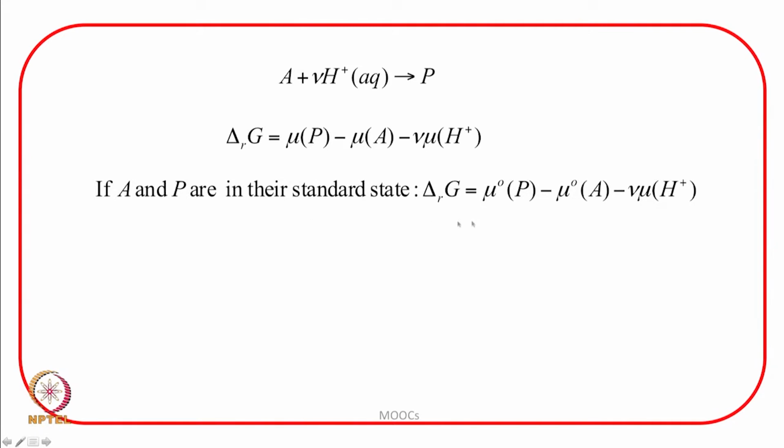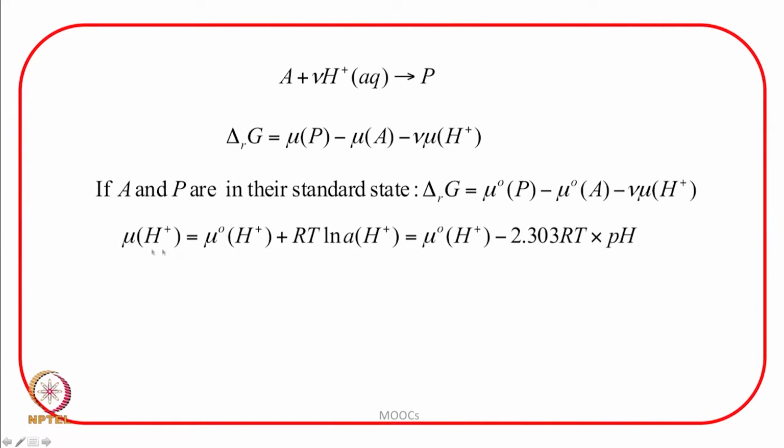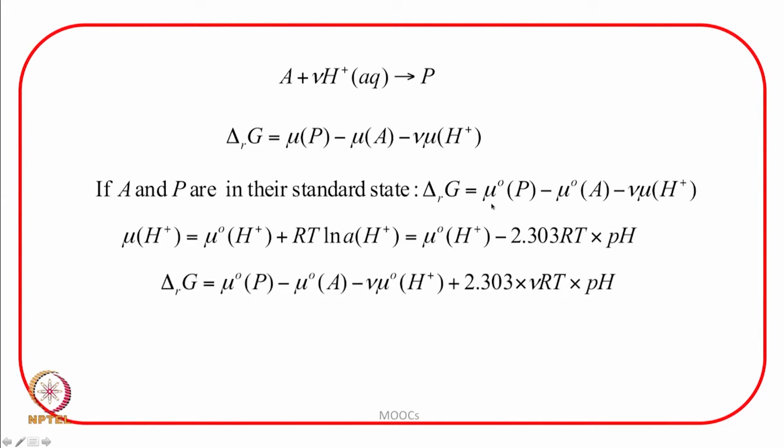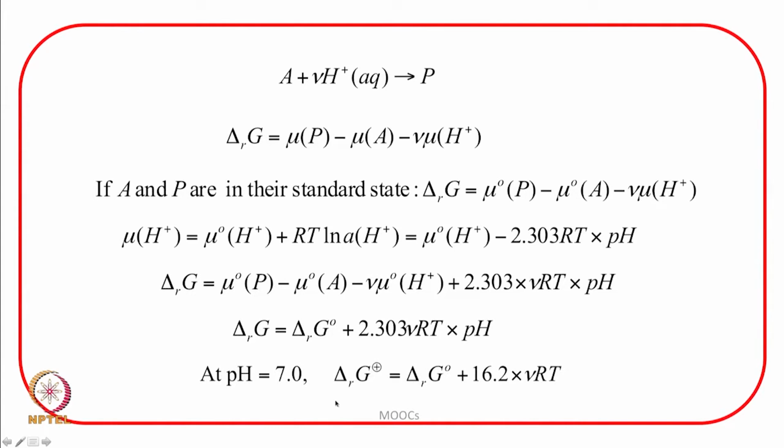Then in the next step, we considered P and A in their standard states except H, and then we used the definition of chemical potential for H plus and substituted into this equation, and we eventually got this result, and at pH 7 this result converts into this expression for the biological standard state reaction Gibbs energy.